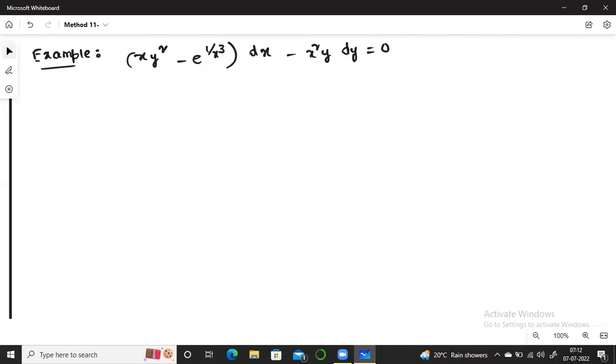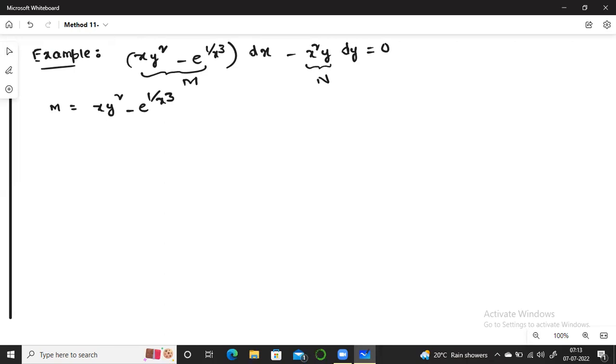So this is the question. It looks like M dx plus N dy is equal to 0. Let me write M is x y squared minus e to the power 1 over x cubed.